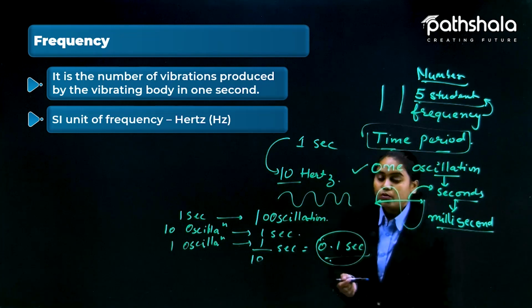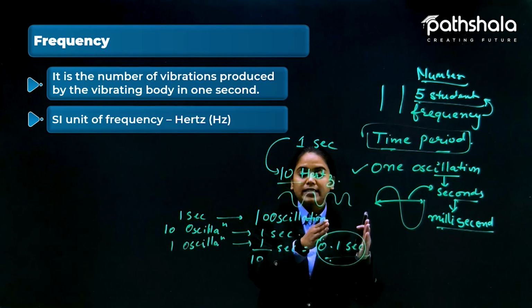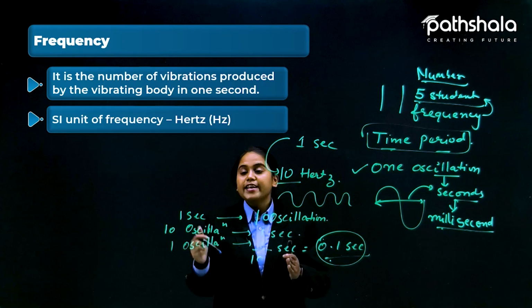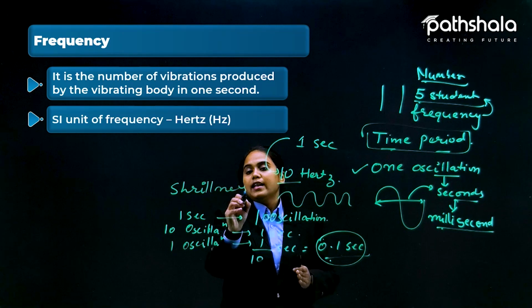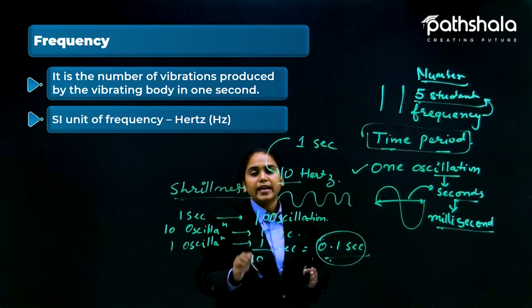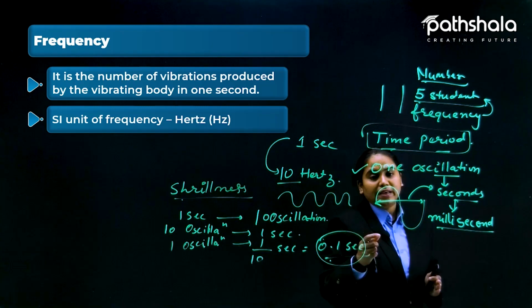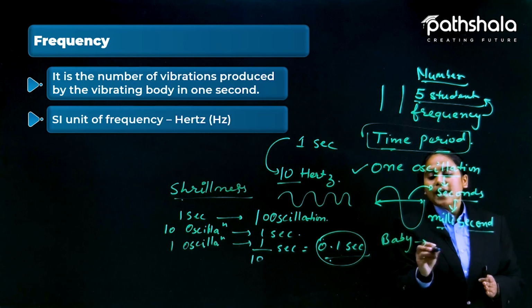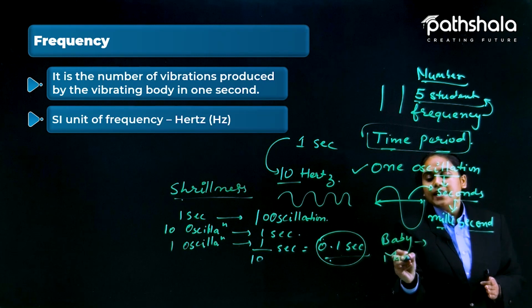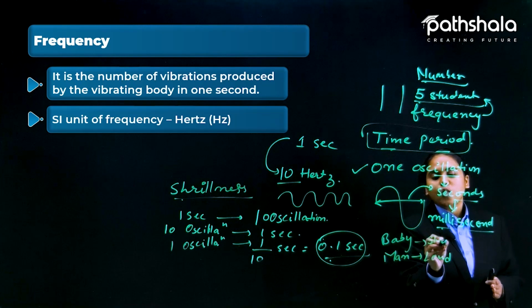Again students, because it gives the number of vibrations in 1 second, it also gives an idea of shrillness. What is shrillness? In Hindi we can say it as tikhapan. For example, the sound of a baby is more shrill compared to a man. A man has a loud voice and a baby has a shrill voice.